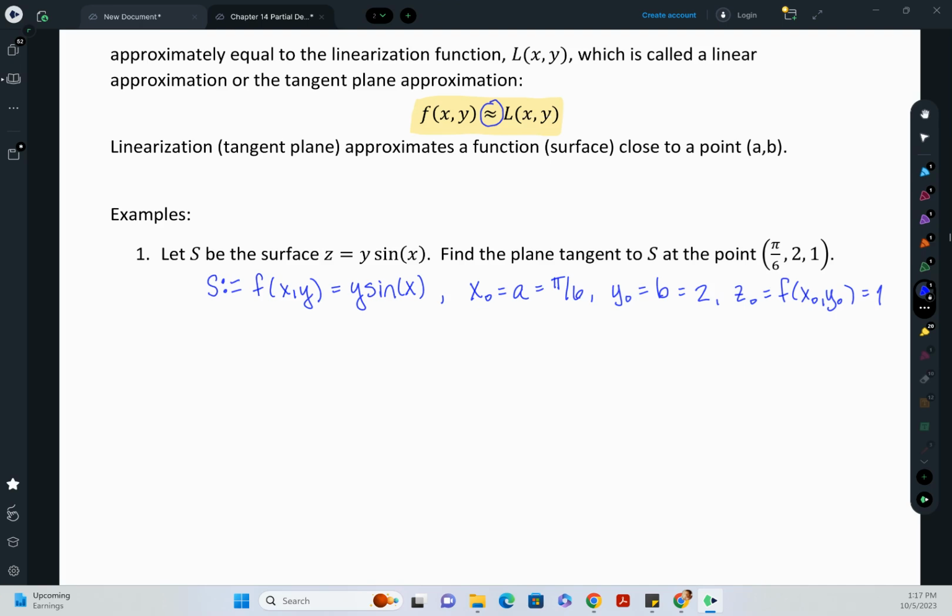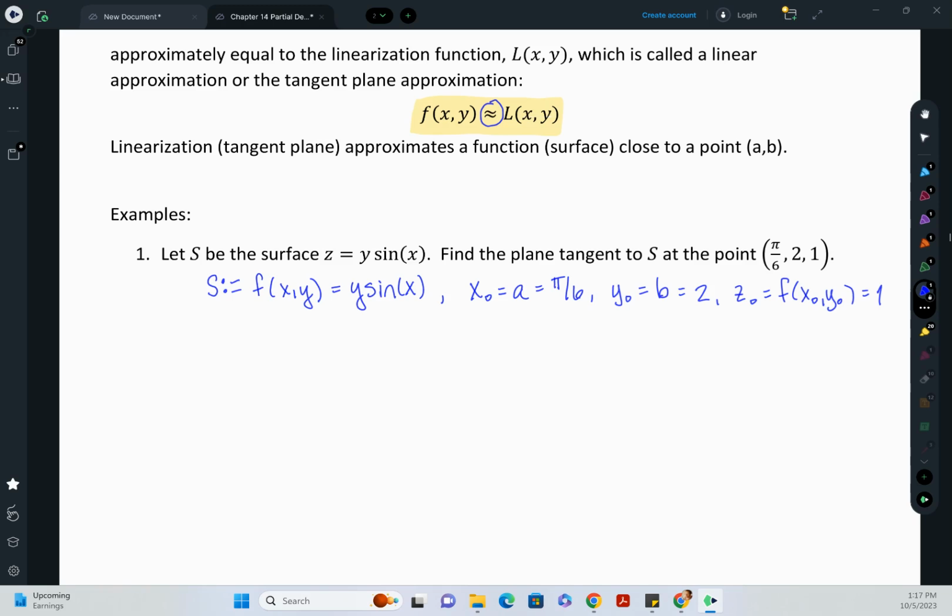We just go back to our function and plug in pi over 6 for x and 2 for y. So sine of pi over 6 is 1/2, and y is 2, so 2 times 1/2 is 1. It makes sense. Z naught is 1, okay?